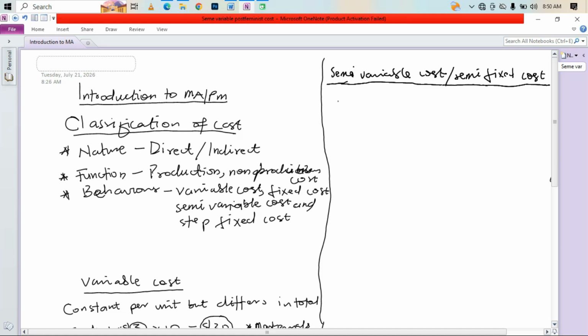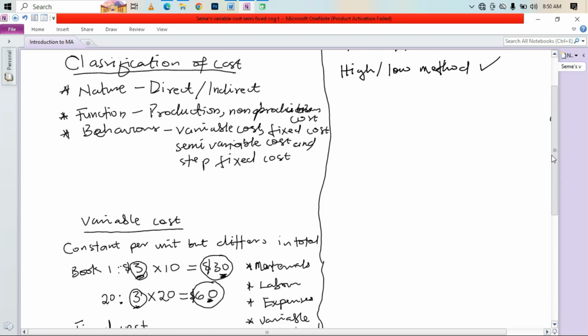You should be able to separate it into the fixed cost and also into what? The variable cost. And we are going to be using the high and low methods to separate the fixed component from the variable component. So we'll be doing this in part 2 of our video.